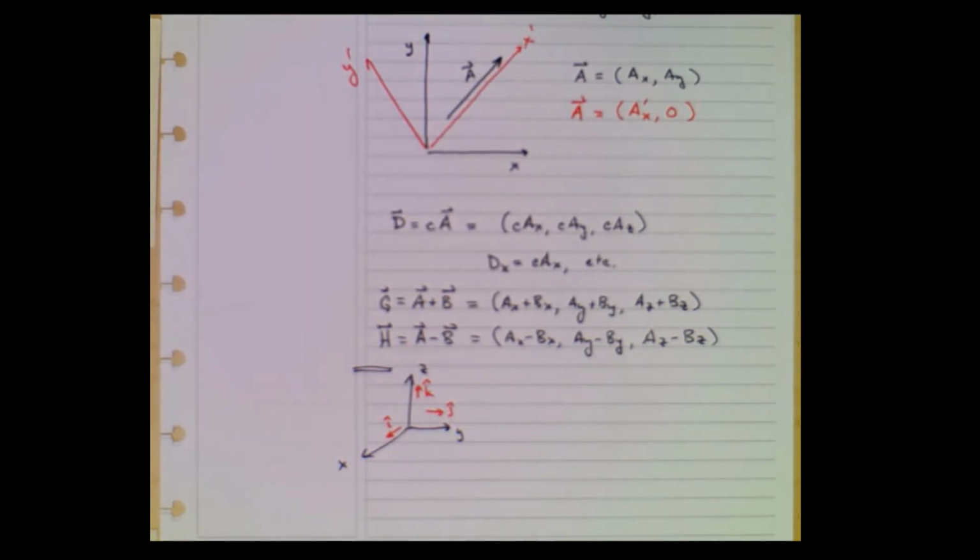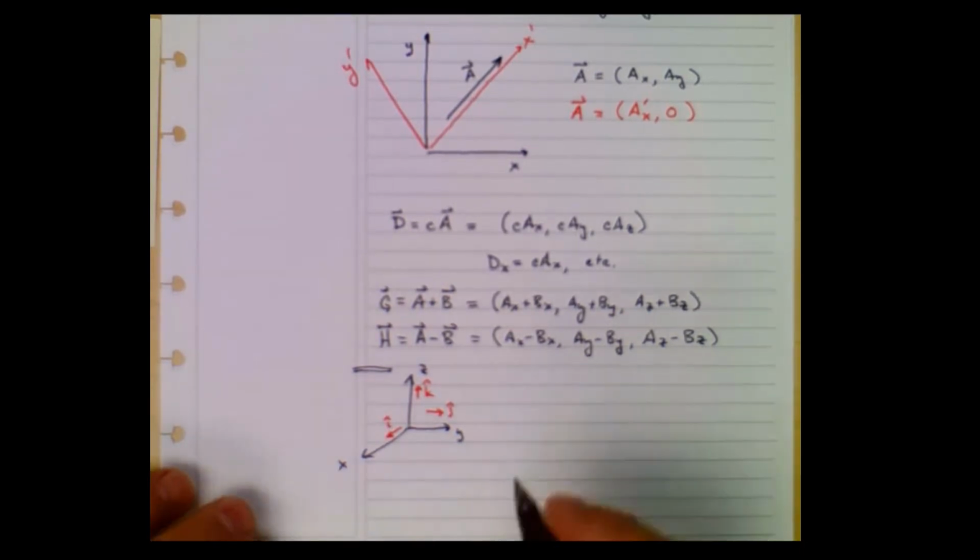Sometimes people use x hat, y hat, and z hat. I believe that can be confusing, so I want to use this particular convention that I hat, j hat, and k hat represent unit vectors in the x, y, and z directions respectively.